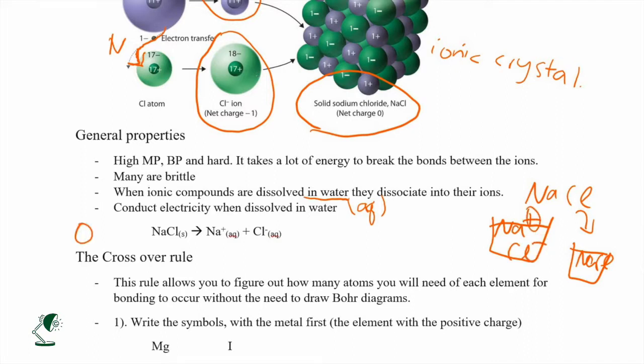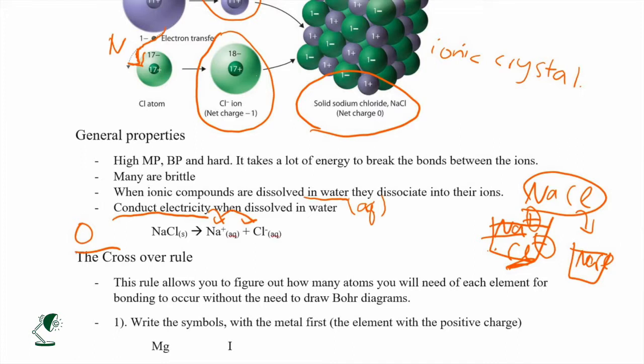And now, guess what? You have 2 different ions rather than 1 ionic compound. And this is why your salt water can conduct electricity. Why? Because you have ions.